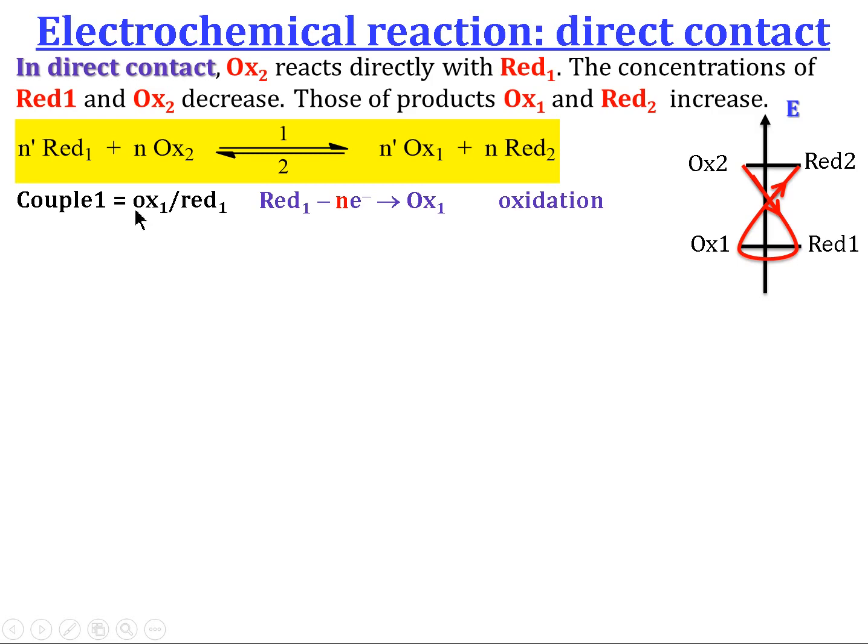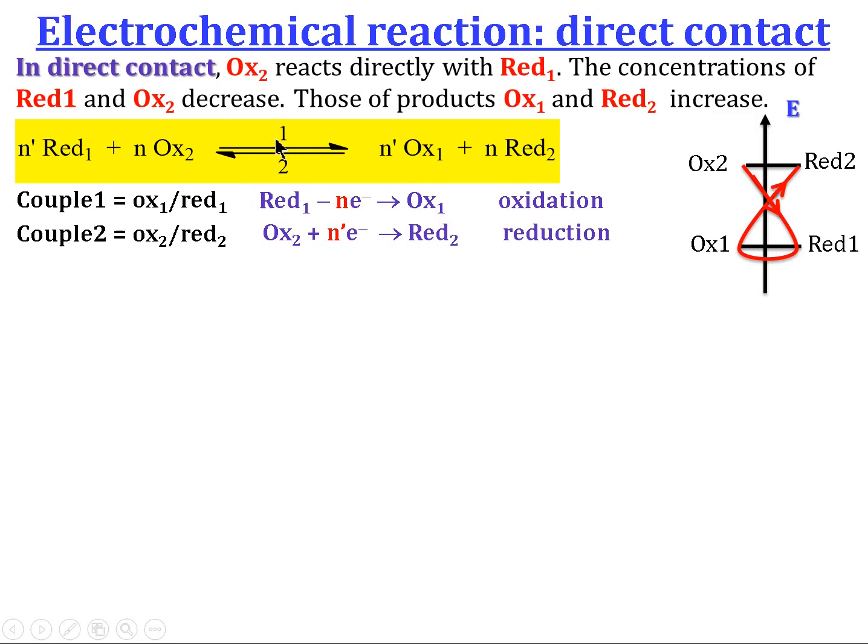The couple 1 involved is Ox1/Red1. Then Ox2 is transformed to Red2. So Ox2 plus n' electrons gives Red2. This is a reduction, and the couple 2 involved is Ox2/Red2.